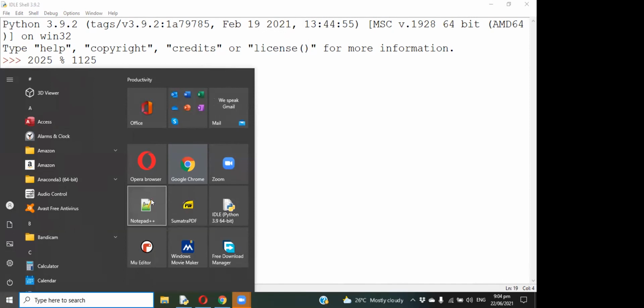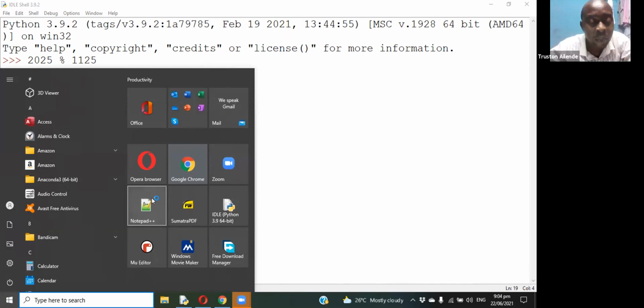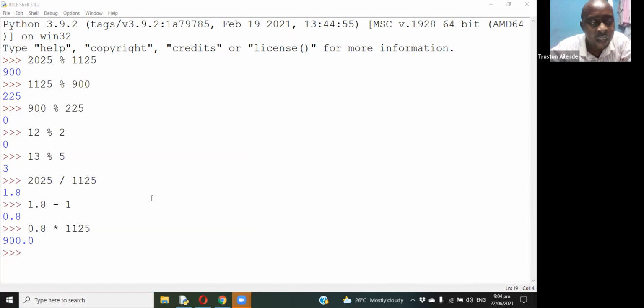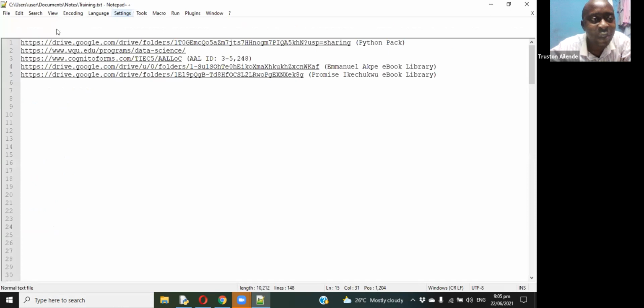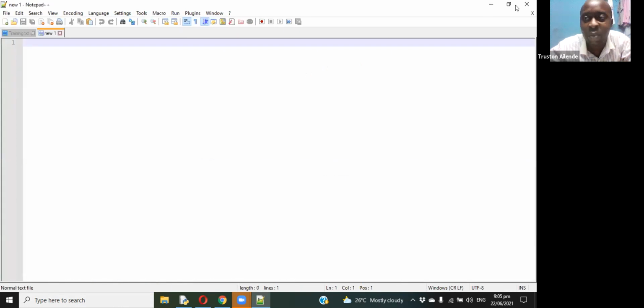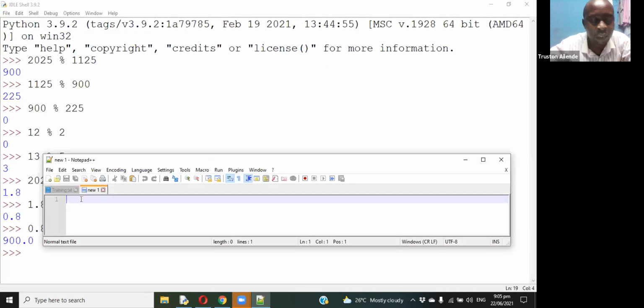I don't have Excel on the machine. Everything I have is on the cloud. My Python, I run Google Colab, I run everything on the cloud. So on a day like this where it rains, we usually suffer. But what I want to show you is the alternative to a spreadsheet.